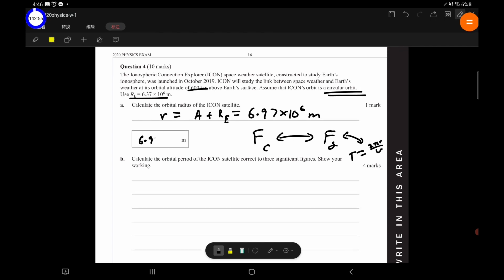Alright, so this is a reasonable value since it's pretty close to the radius of the Earth. And again, nothing freakishly large.